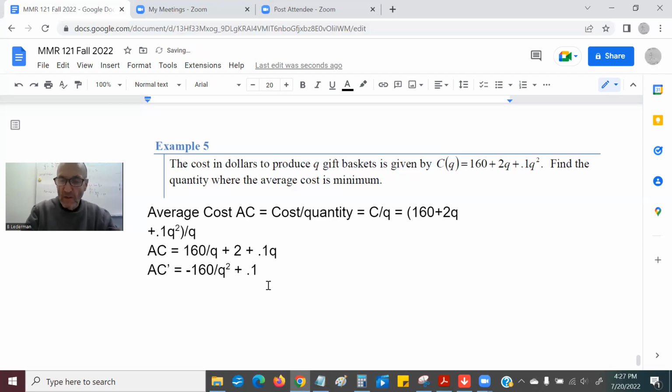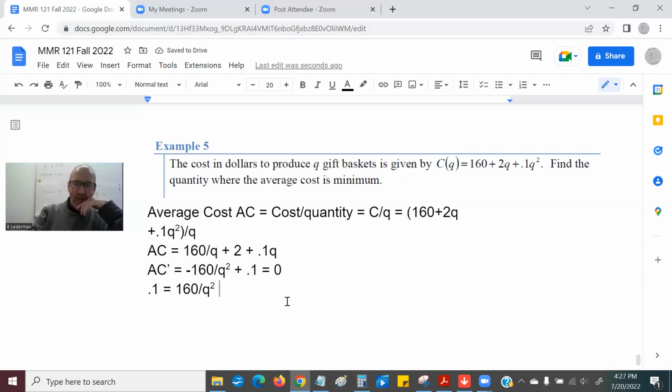And I'm just going to set this equal to 0. That gives me 0.1 is equal to 160 divided by Q squared.